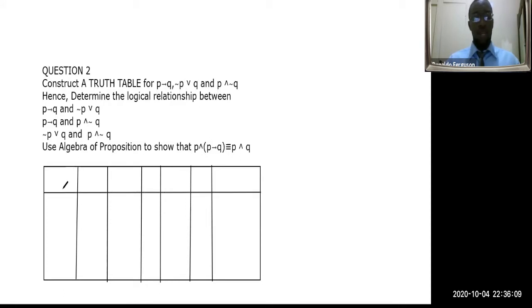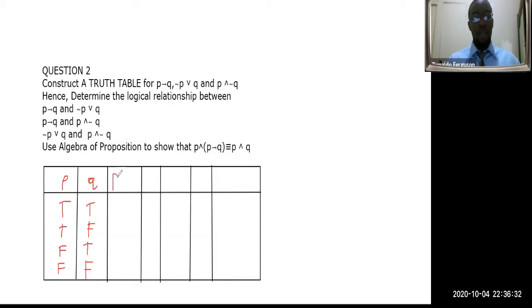So we have P, and P is true, true, false, false. Then Q is going to be true, false, true, false.